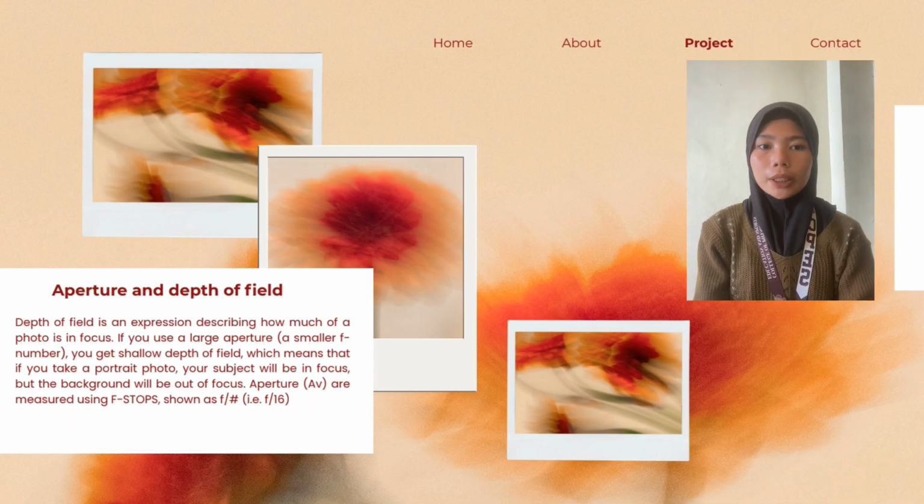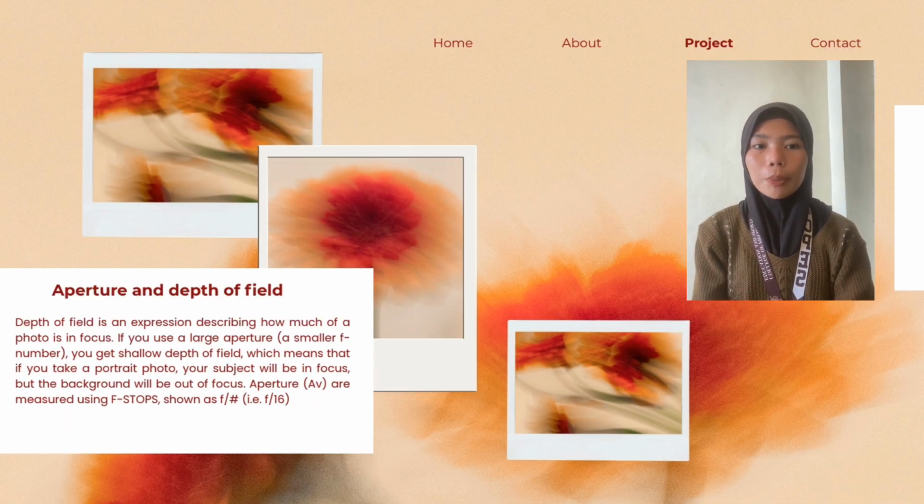So, depth of field is the range of distance in a photograph where objects appear acceptably sharp.